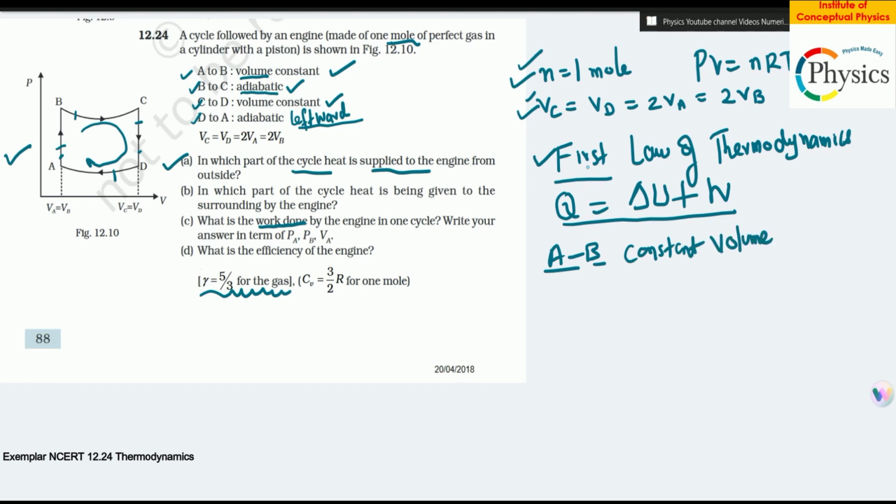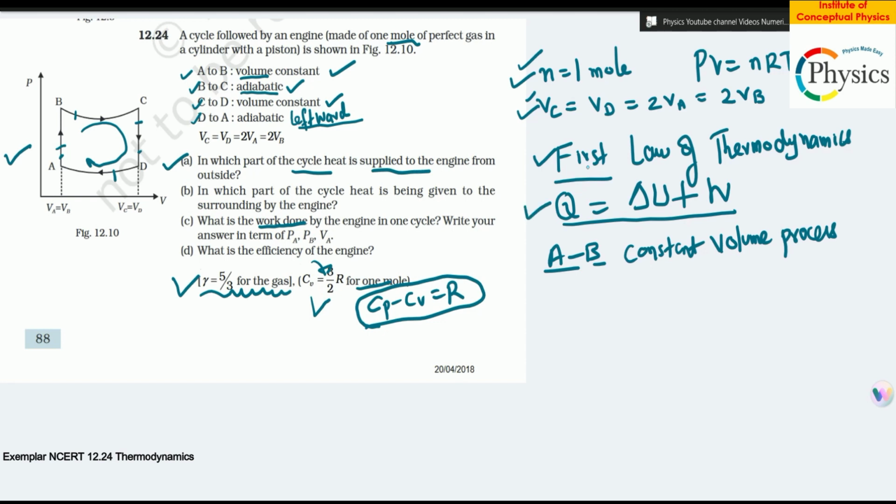And you're given one more important piece of information, which is that gamma of the gas is known to you, and Cv, the constant volume molar specific heat, which is for 1 mole, is also known to you, and you know that Cp minus Cv is equal to R, right? So we will use this also if required, but basically, we are emphasizing the first law of thermodynamics.